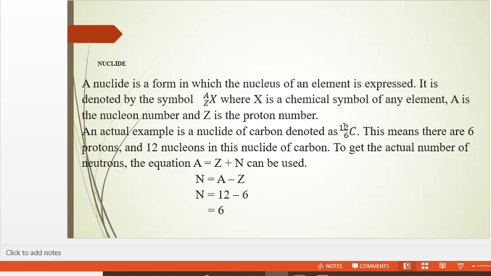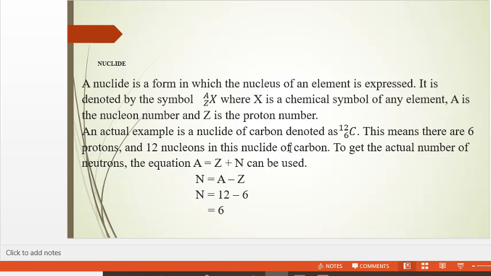That's the nucleon number. Now of these 12 particles, 6 of them are protons, because this is the proton number.